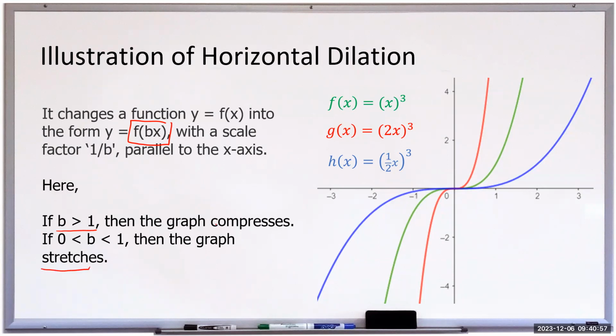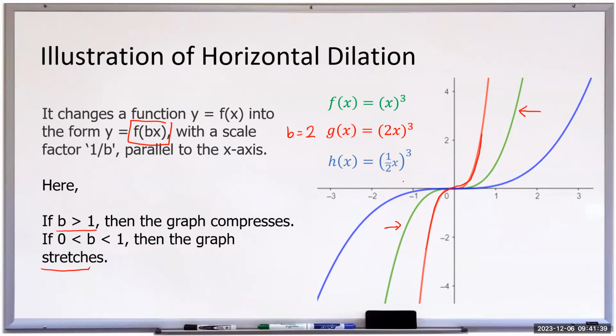Okay? So here, in these three functions presented on your screens, with the green one being the parent function, for g of x, our b here is equal to 2, and 2 is greater than 1, therefore, the graph compresses horizontally. Okay, so that means, if this is the parent function, the green one, we compress it horizontally. So upon compressing the function horizontally, we will arrive at this red graph.